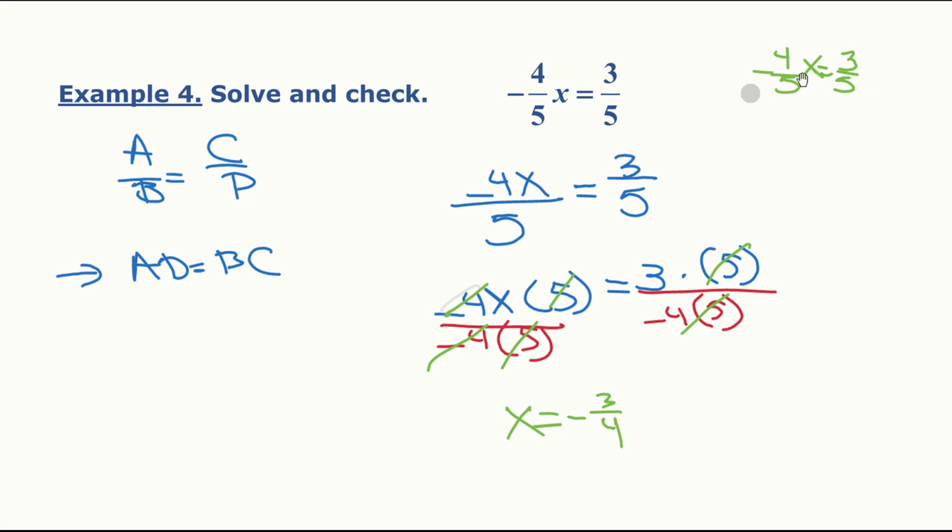We could also solve it by multiplying both sides by the reciprocal of the -4/5, which is the coefficient of x. So we could do it like this. Notice that the reciprocal of -4/5 is -5/4. So we end up with x equals -15 over 20.